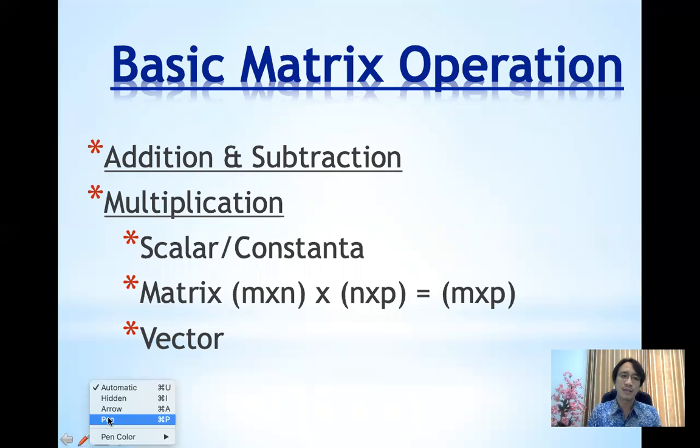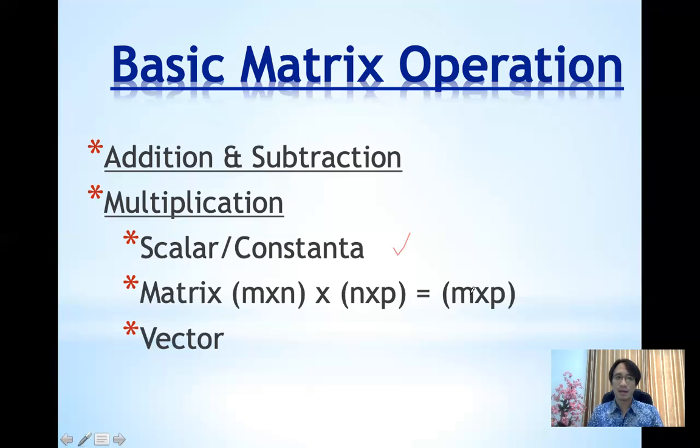We are going to learn there are several types of multiplication in matrix operations. A matrix can be multiplied with a scalar or constant, with another matrix, and also with a vector.